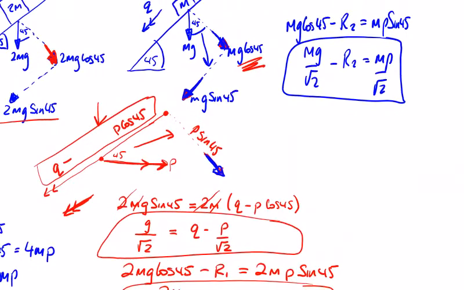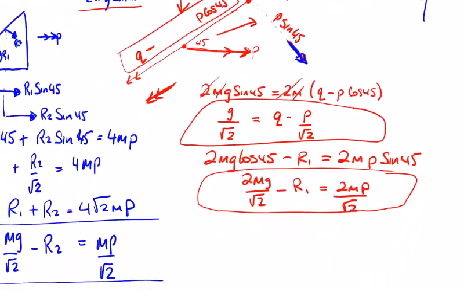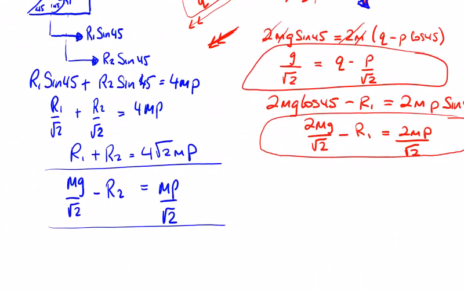So I bring this one down here. We can eliminate our R2, and that will give me R1 just in terms of p. So we should be able to then sub that in there, I think, and solve this question. Let's see, does this work? R1 plus mg over root 2 is equal to 4 root 2 mp plus mp over root 2.